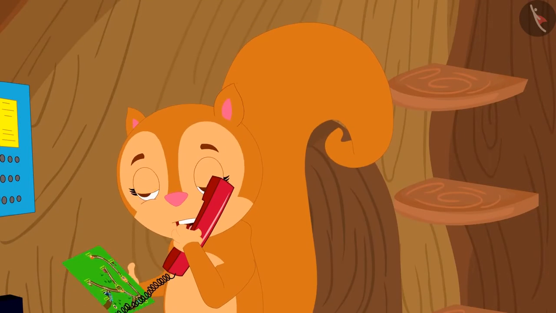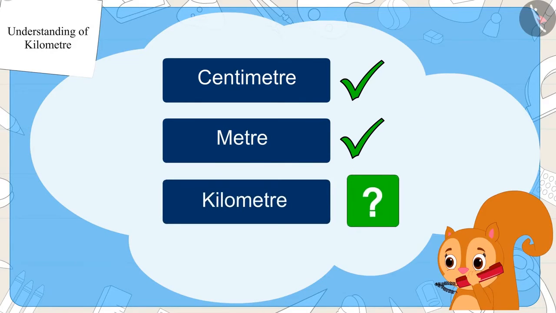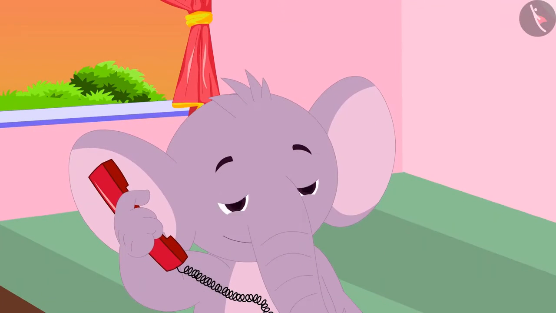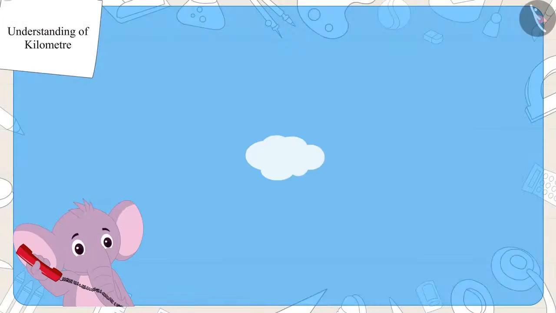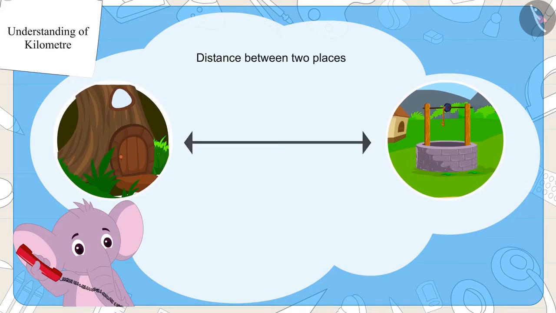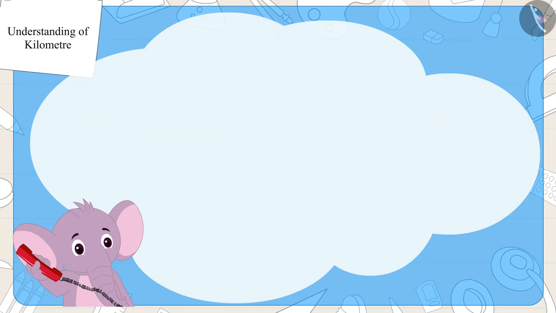Chanda was surprised. I have understood about centimeter and meter. Now, what is this kilometer? Appu explained it to Chanda. Look, Chanda, since the distance between the two places is a lot, we cannot measure them in centimeters or meters.